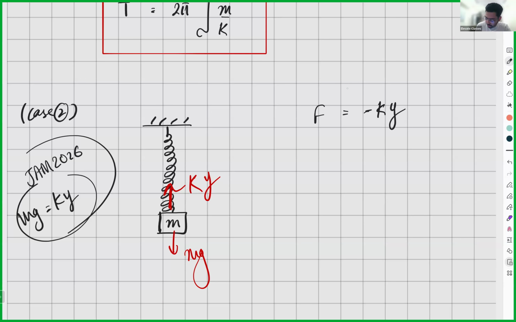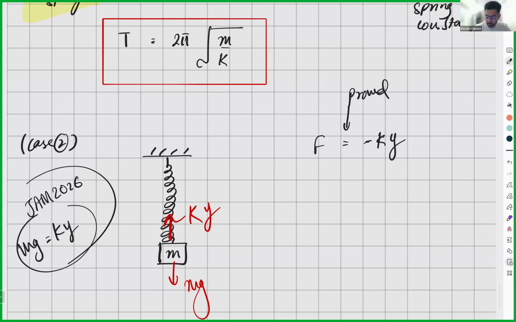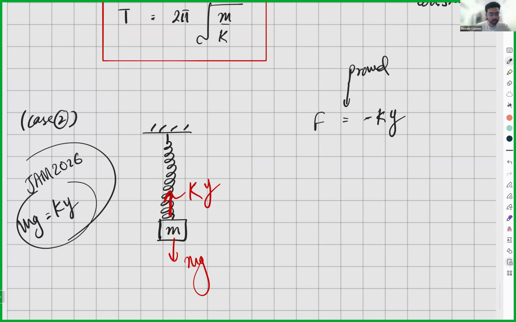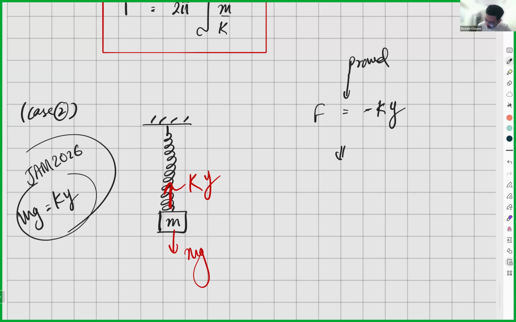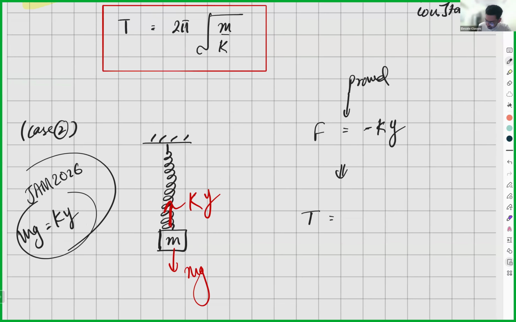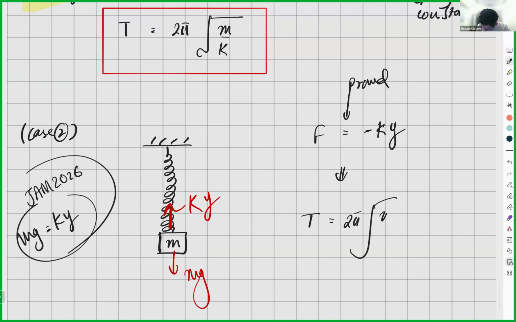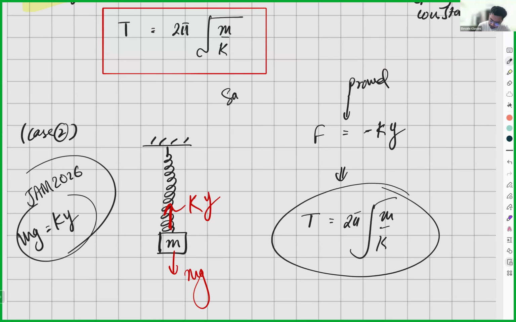This we had proved in the class. Because the force is still the same, just the variable has changed to y, and that is the displacement. Because the expression of the force is the same, the time period will also be the same.